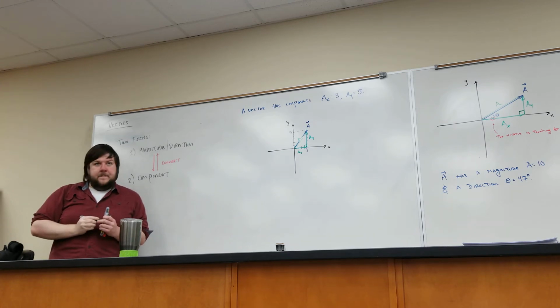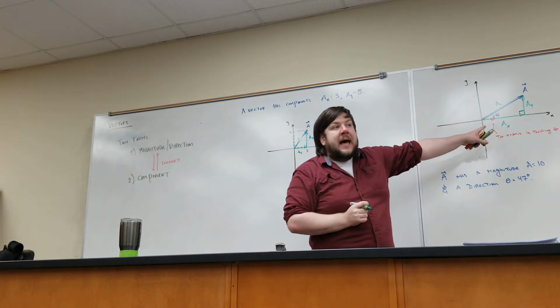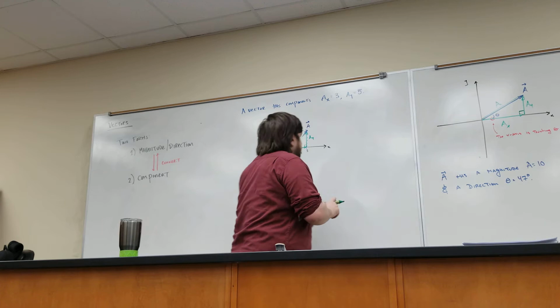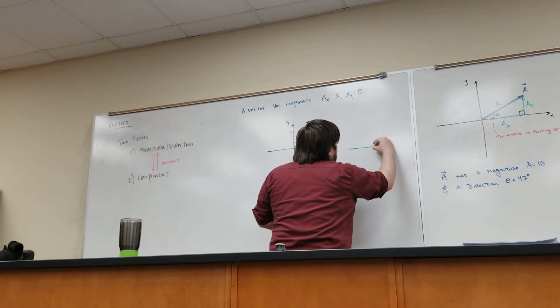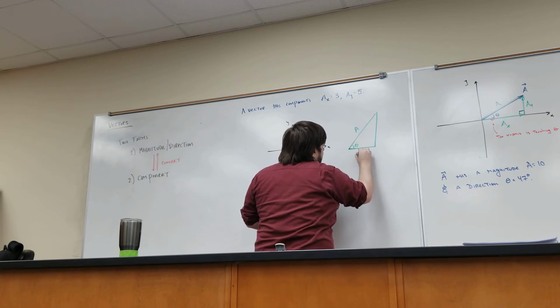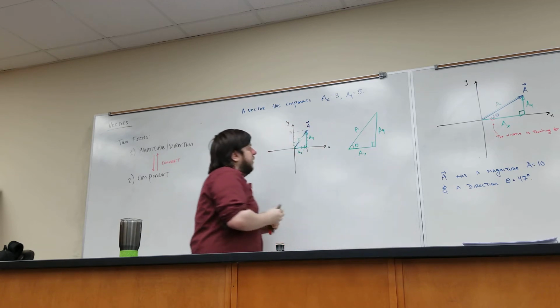Okay? The exact same right triangle we used here, it's just now we know different information. Okay? So this is A, this is theta, this is Ax, and this is Ay, and here's a right angle.